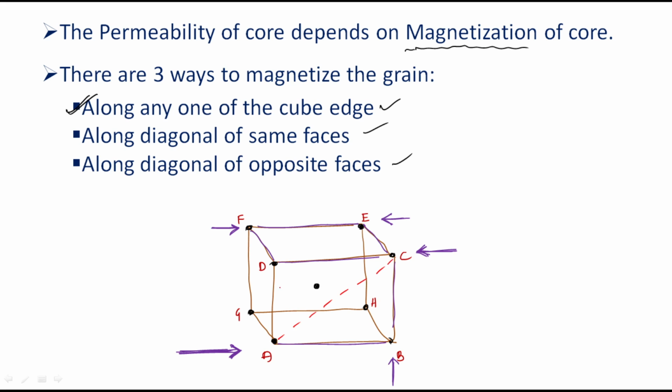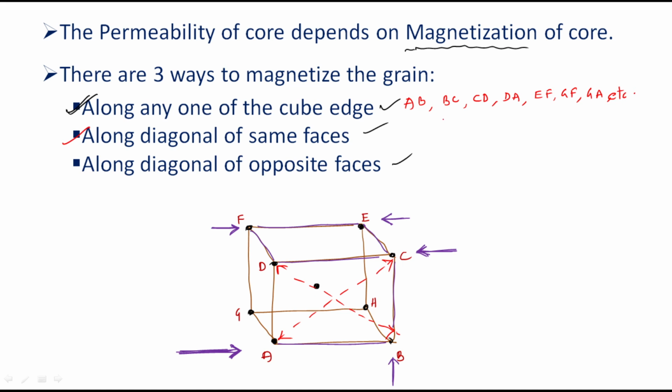Between A to C or B to D, or C to A. Here AB, BC, CD, DA, you can say EF, GF or FG or GA, etc. Okay.